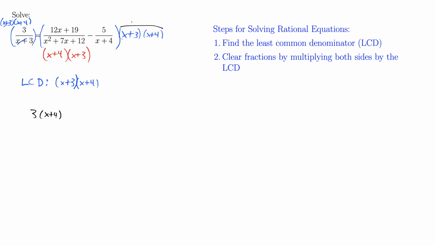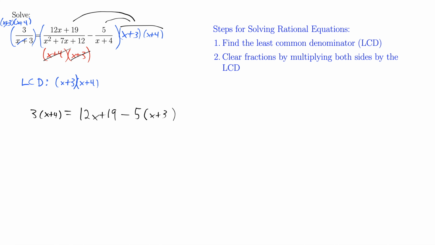Now on the right side, we distribute this term through to both of these inner terms. On the first one, the x plus 4, x plus 3 cancels out the entire denominator. So we're left with 12x plus 19 minus 5 times parentheses, and now the x plus 4's cancel, leaving us with x plus 3.